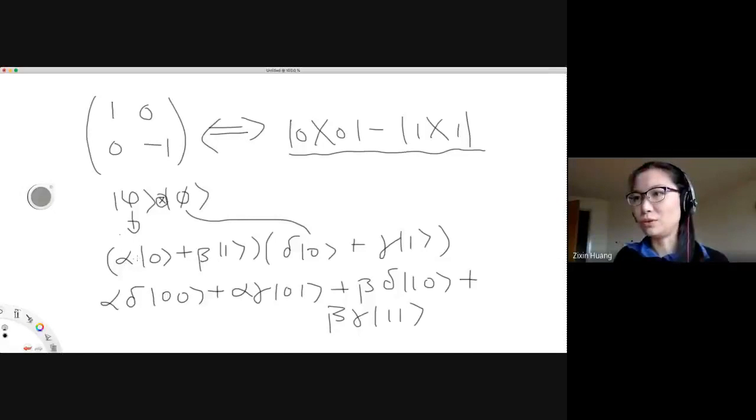So you literally multiply out each of the components, and that's how you tensor two qubits together.